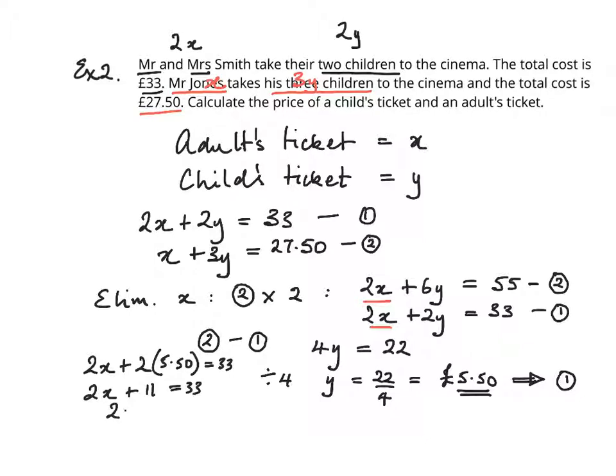Subtract 11 from both sides, 2x equals 22, and then x equals £11. So the cost of an adult ticket is £11, and the cost of a child's ticket is £5.50.